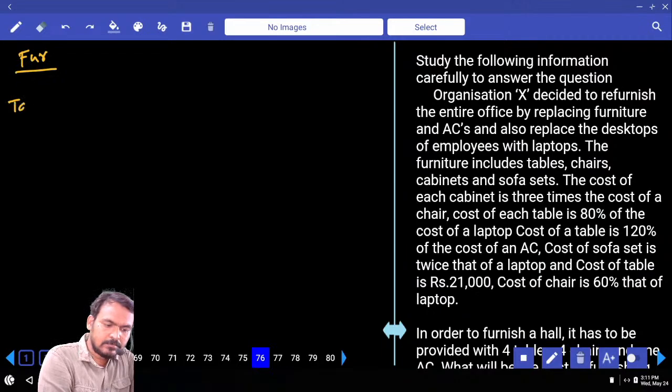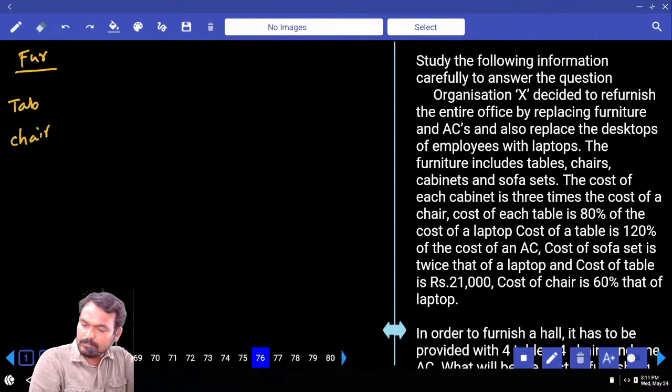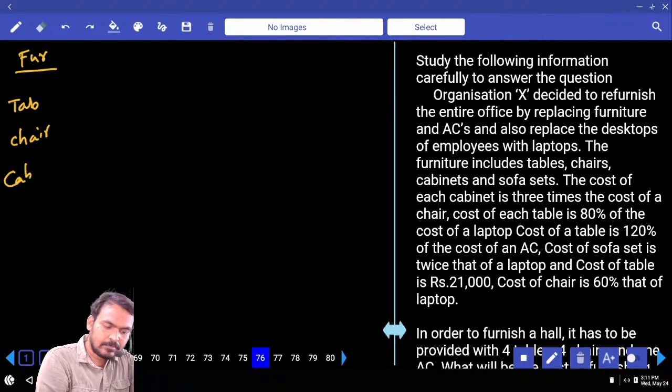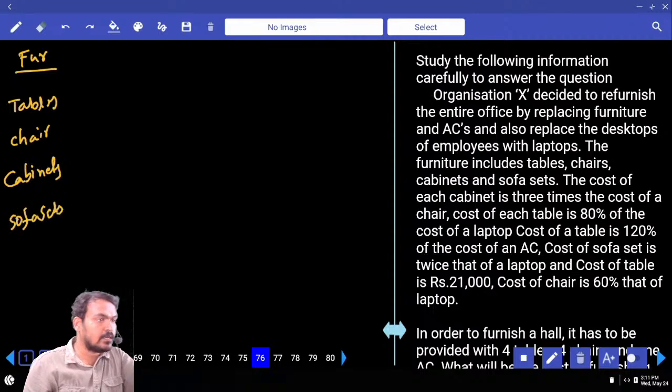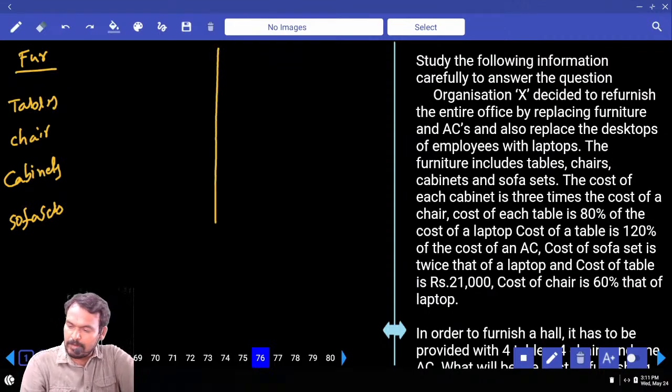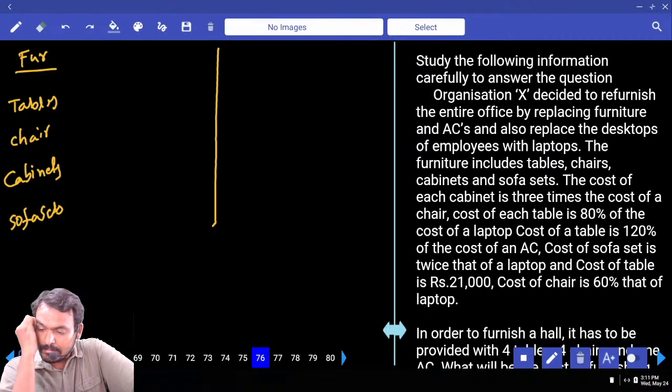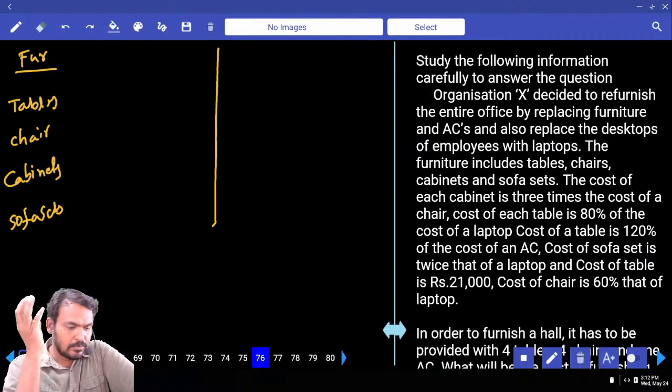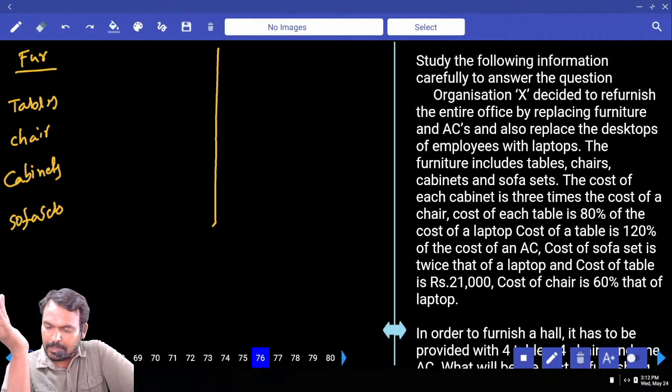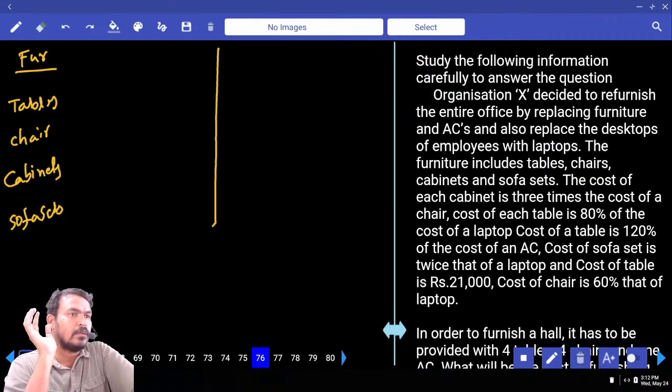Tables, chairs, next one cabinets and sofa sets. Tables, chairs, cabinets, sofa sets. These are related to which one? Furniture. Any other are given? Tables, chairs, cabinets, sofa set. 4 are written or not?